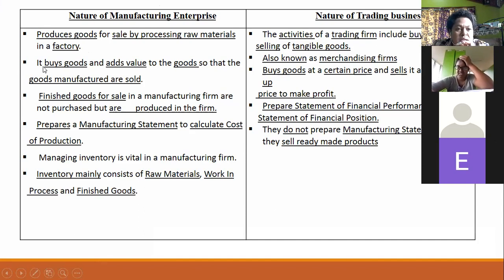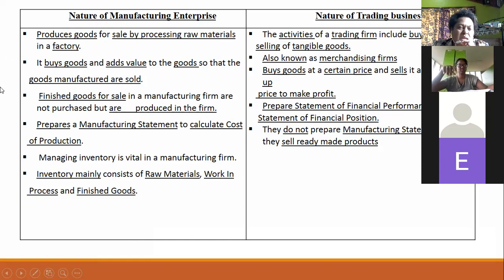The second point, it buys goods. Those goods that the manufacturing enterprise is buying, class, are raw materials. So let me rephrase that. It buys raw materials and adds value, in the sense of processing those raw materials into finished goods, so that the goods manufactured are sold.